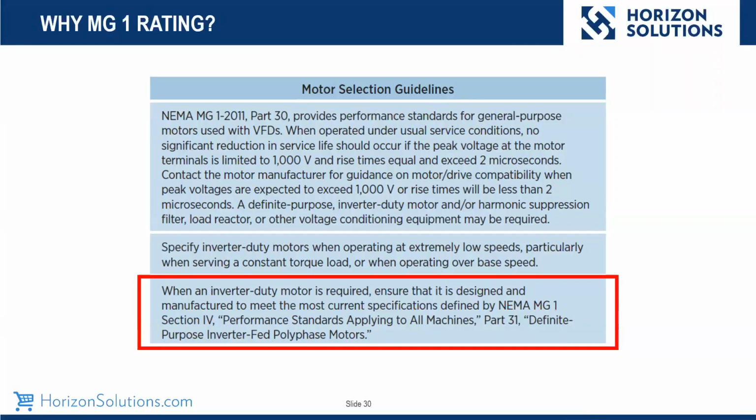And that's another section that I strongly recommend that you look at. And these are all published by NEMA. You can grab them off the web. It's a great resource just to understand how they make a true inverter duty motor. Next slide.